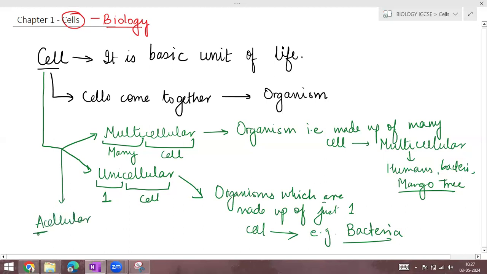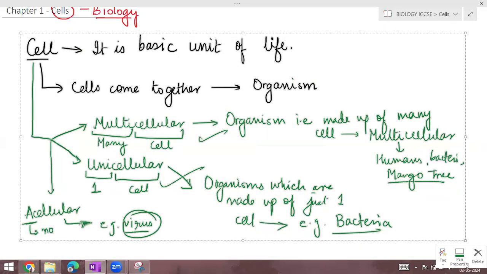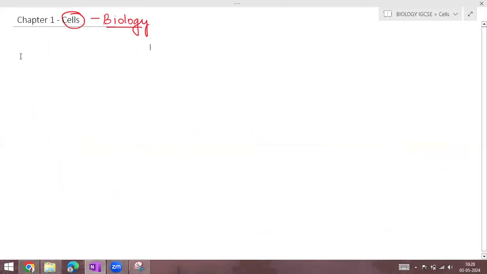Anywhere in biology, if you come across the prefix a, that means no or zero or absence. So the organism which is not made up of any cell is known as an acellular organism, and the example is virus. We will discuss this later, but first of all, mostly we'll be discussing these two, and in some other video, I'll be talking about viruses and why we call them acellular. Okay, now let's proceed forward.